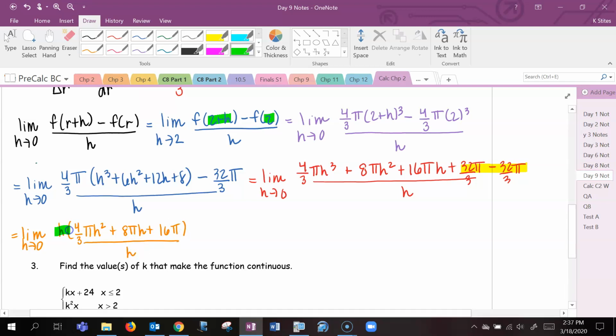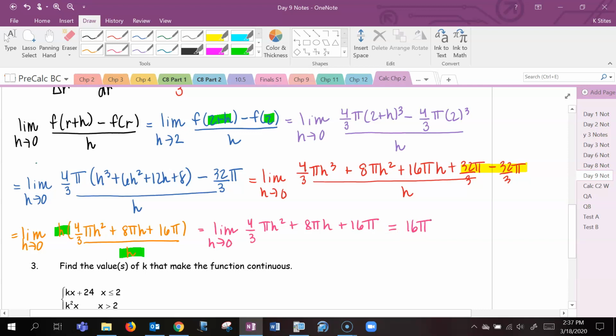And my h's are going to cancel, and that gives me this. Yeah, I know these problems are all kind of the same after a while. Okay, so then we're plugging in a 0 for h, and the only thing left is 16 pi.